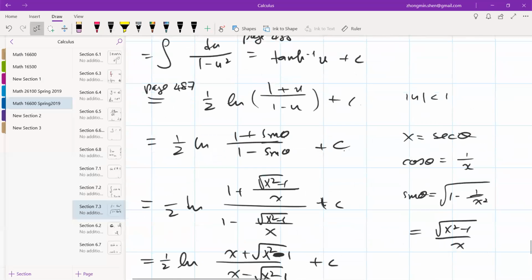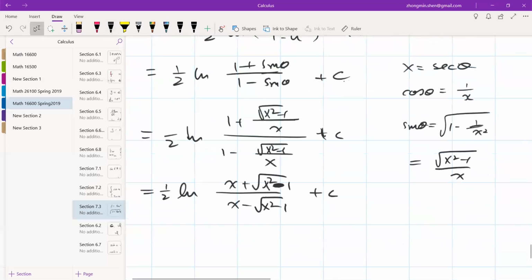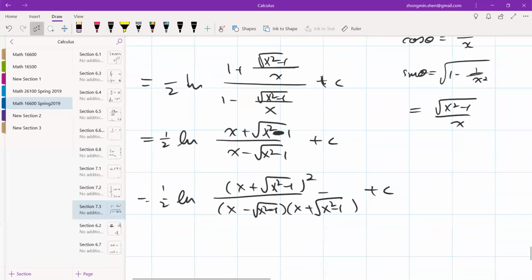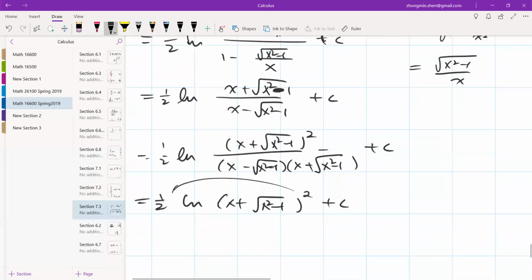That is the reason, because you multiply the numerator and denominator by its conjugate. Then the numerator becomes a square. Then you will see that the denominator is going to be 1, because x squared minus (x squared minus 1) is just 1. Then the 2 can be canceled out. Take it down here. So you get natural log of x plus square root of x squared minus 1.